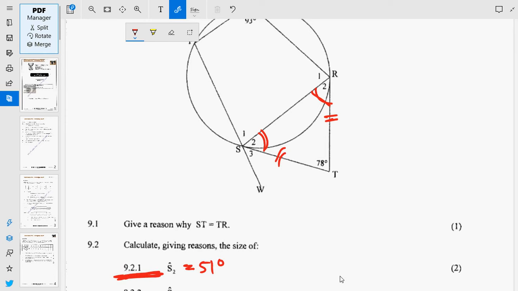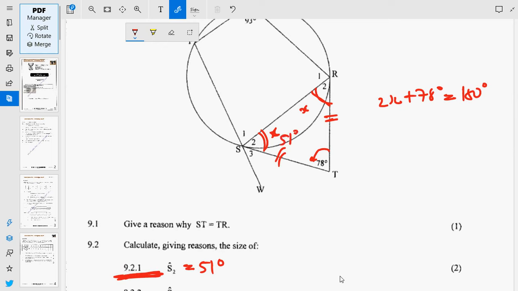The reason why it's 51 degrees is because we have 78 here, and these two must be equal, and angles in a triangle must add up to 180. So 2x plus 78 is equal to 180. So you will see that S2 is equal to 51.